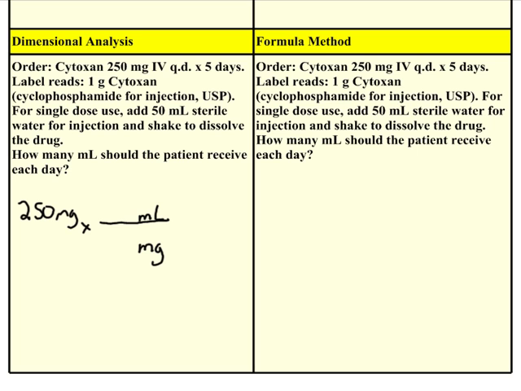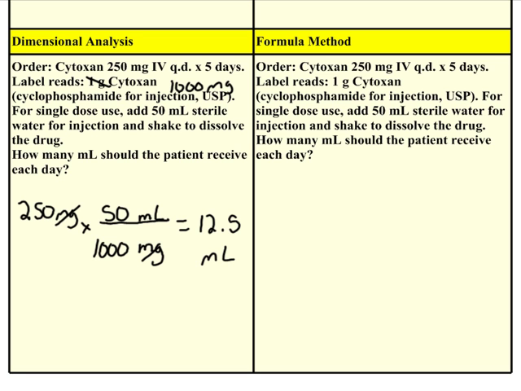However, since we need milligrams, we're going to change that 1 gram to 1,000 milligrams. Now we know that there's 50 milliliters, and each 50 milliliters contains 1,000 milligrams. The units milligrams cancel and it leaves us with milliliters. When we perform the operations, we see that 250 times 50 divided by 1,000 gives us 12.5 milliliters.